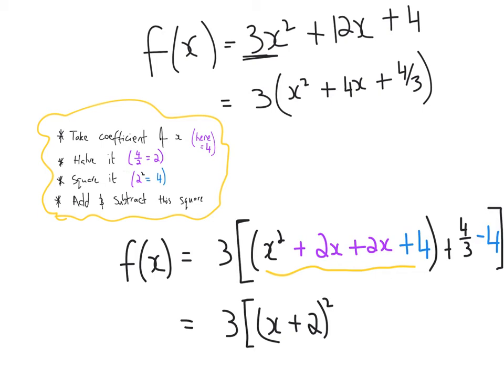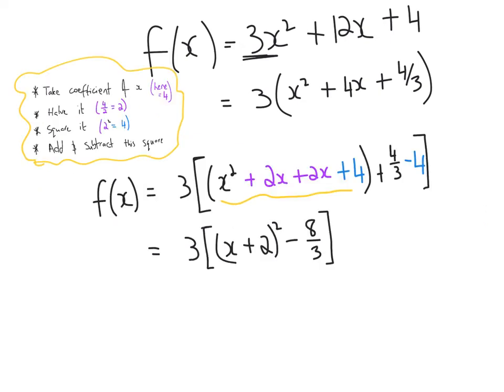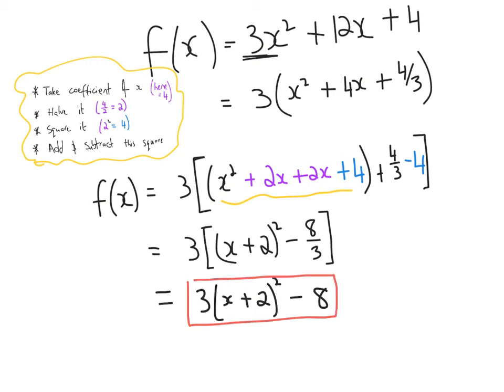So plus 4 over 3 minus 4 is going to give me minus 8 over 3. Okay, and so multiplying that in there then, that gives me 3 bracket x plus 2 all to be squared minus 8. So now that's us with our completed square.